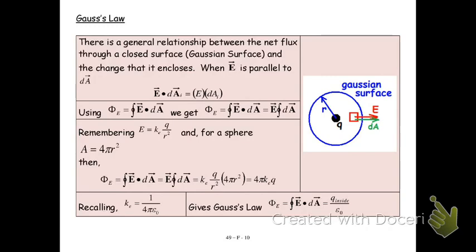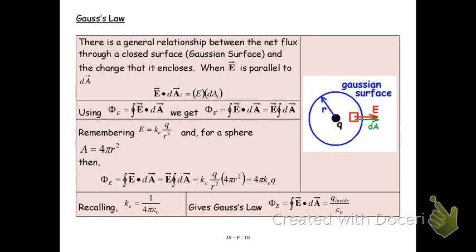What I want to do now is derive Gauss's law. So I'm going to use some math to derive Gauss's law. You won't be asked to repeat this. You'll be asked to use Gauss's law, but I want to derive it. And so we're going to take a very simple case. I'm going to take this case of a charge, and I have a point of interest. My point of interest is like inside this square.